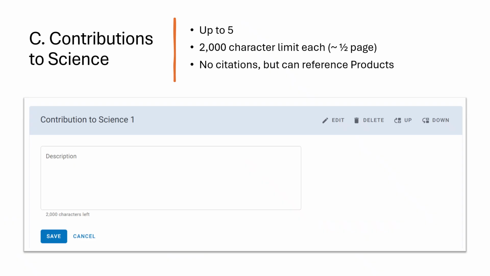The last section for the supplement is the contribution to science. So same as the previous version, you can have up to 5. And you don't have to use all 5, certainly, but you can have up to 5. Each one is limited to 2,000 characters. And again, just reiterating, you cannot include citations in the section, but you can reference any citations you've put in your product section.